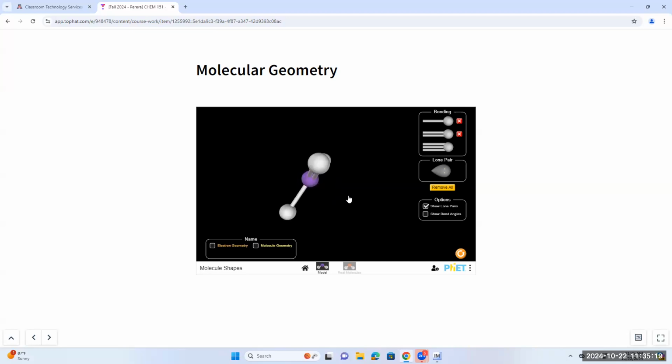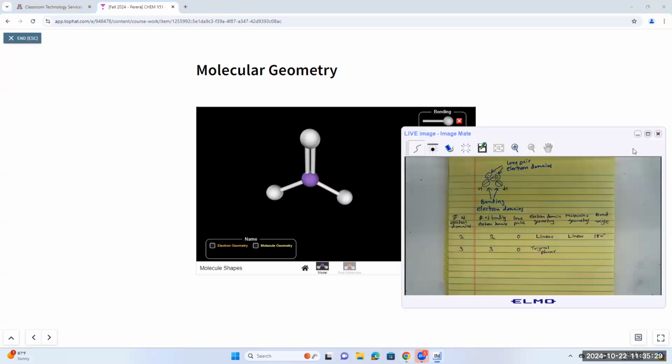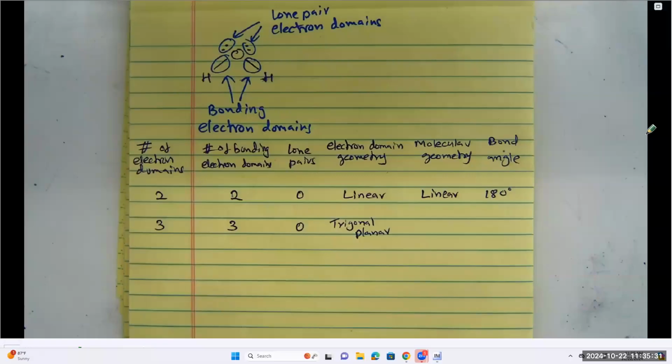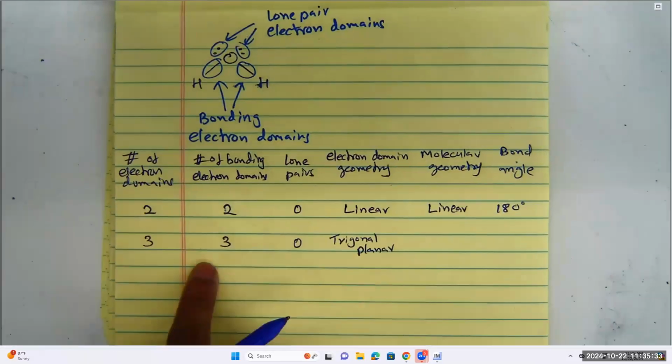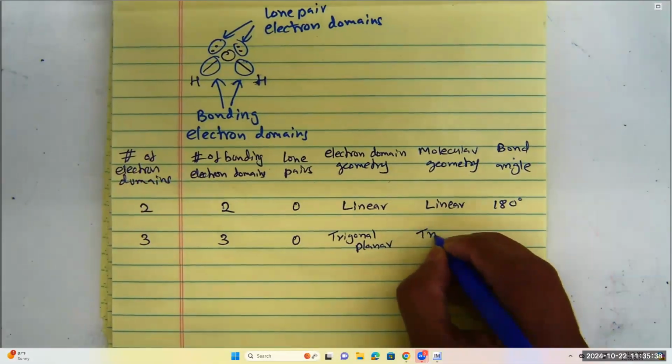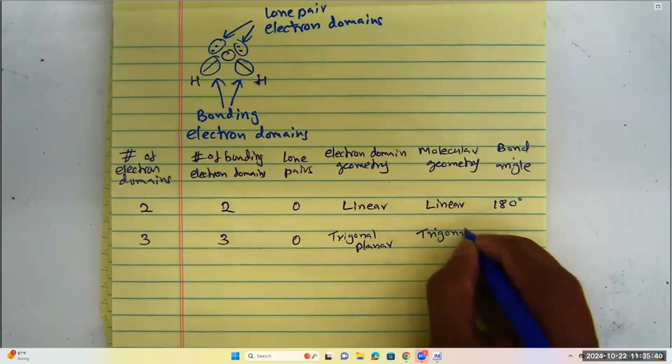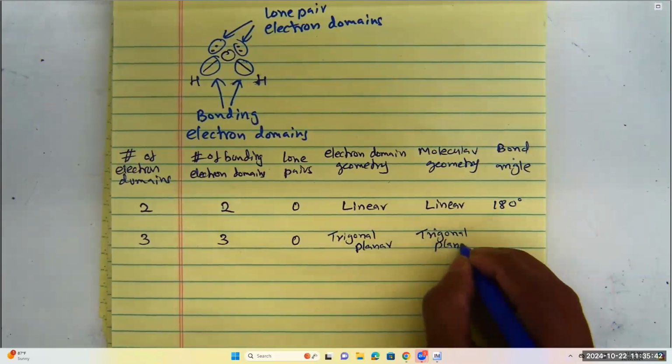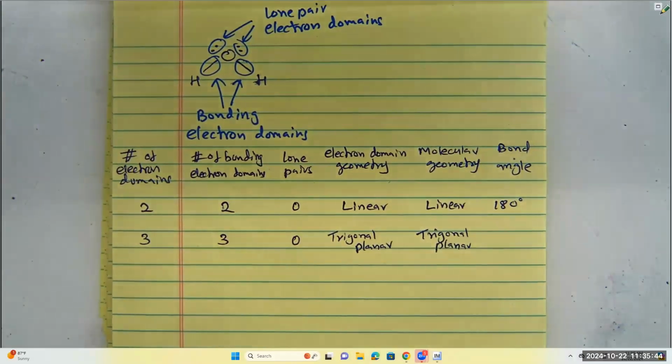It's like a triangle, and in the plane. Because my electron domains are bonding electron domains, the molecular geometry is also trigonal planar. All right, so we can see a pattern here really soon. Because these are the same, my molecular geometry is also trigonal planar.